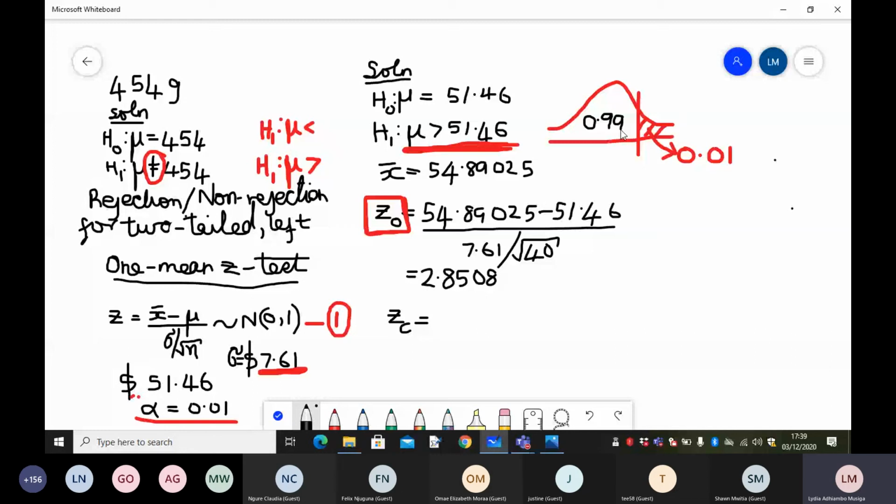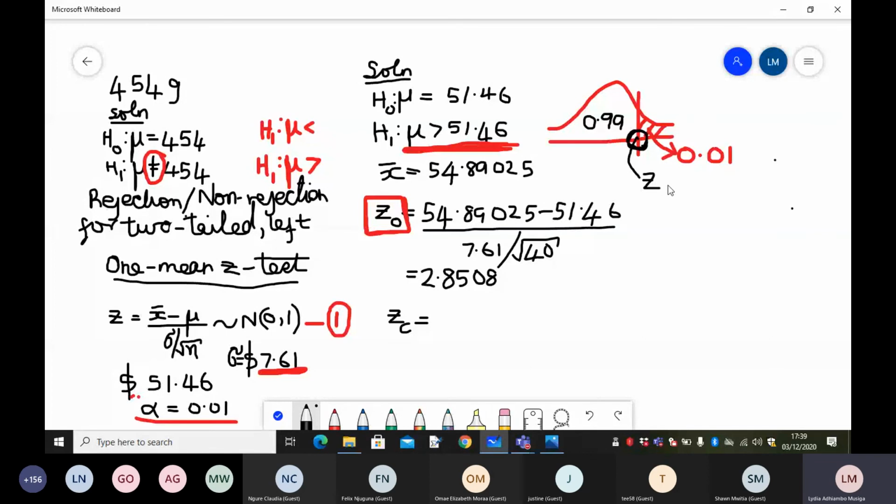Now you can see why the standard normal is coming in handy. We need to determine the critical value. The value at the point which I am circling in black on the standard normal curve is the critical value, which I am calling Z critical.